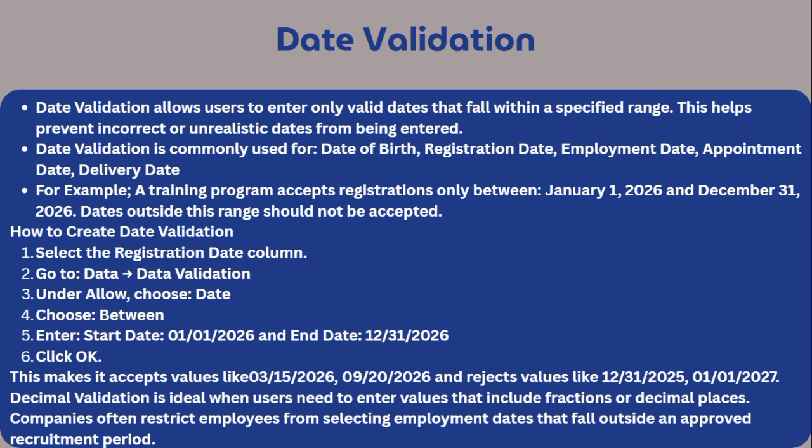There's a way we can restrict the dates such that if the person is not of that age, the person will not be able to fill the details. Or maybe what you want to focus on alone is the information within a certain year. You can just pick from January 1st of that year to December 31st of that same year, and you'll be able to get information within that year.